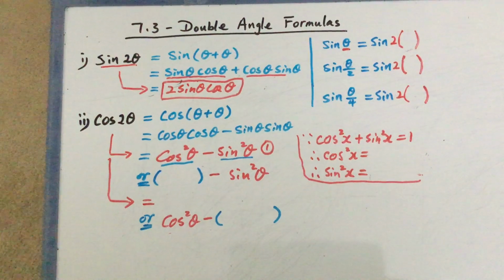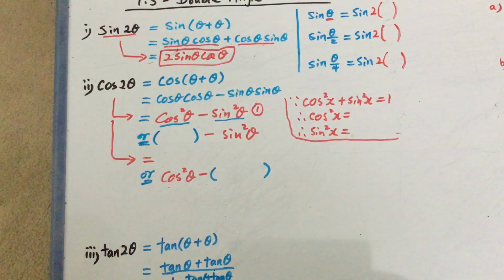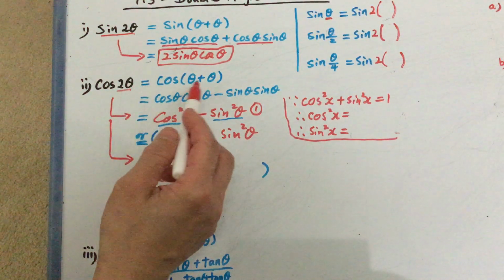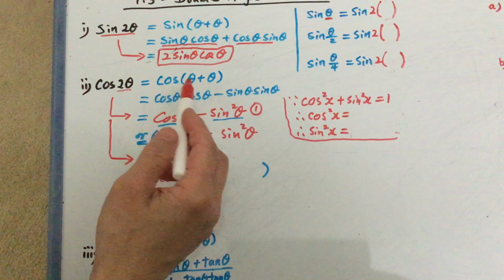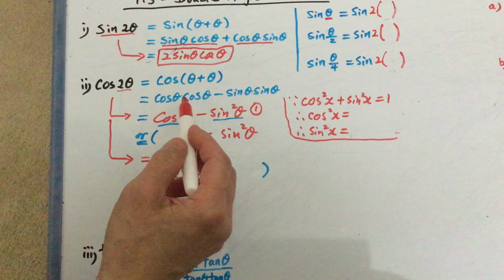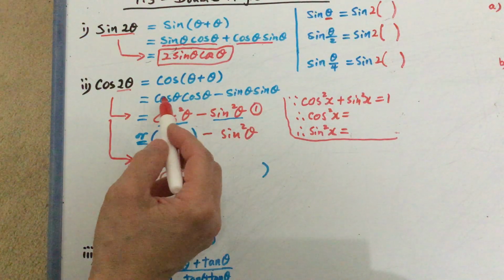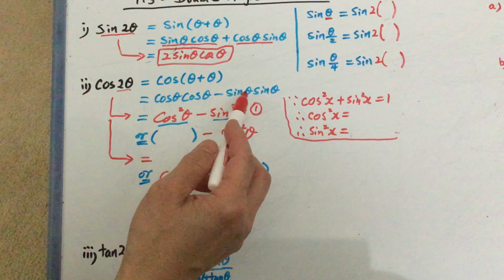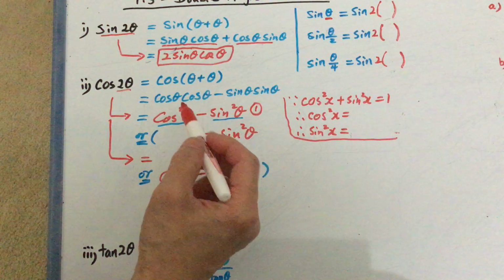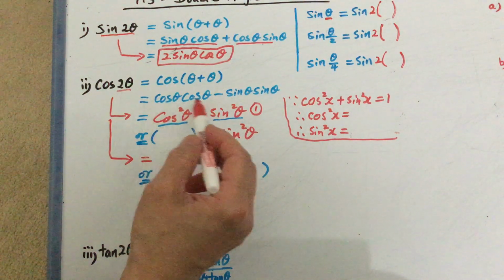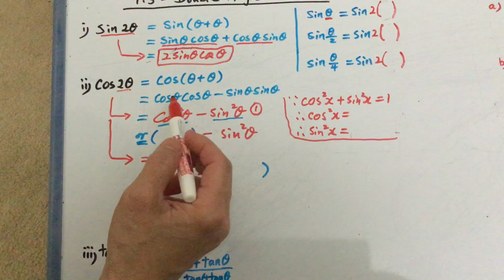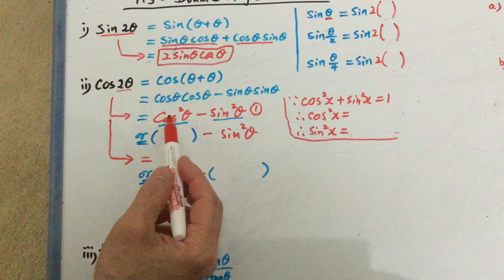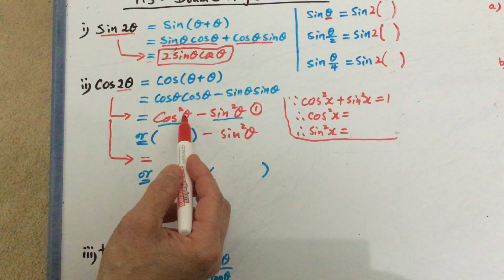Okay? And cos 2 theta, the double angle for cosine, you break into theta plus theta. Then you follow the compound angle formula for cosine: cos A times cos B minus sine A times sine B. Since A and B are the same, cos theta times cos theta gives cos squared theta.